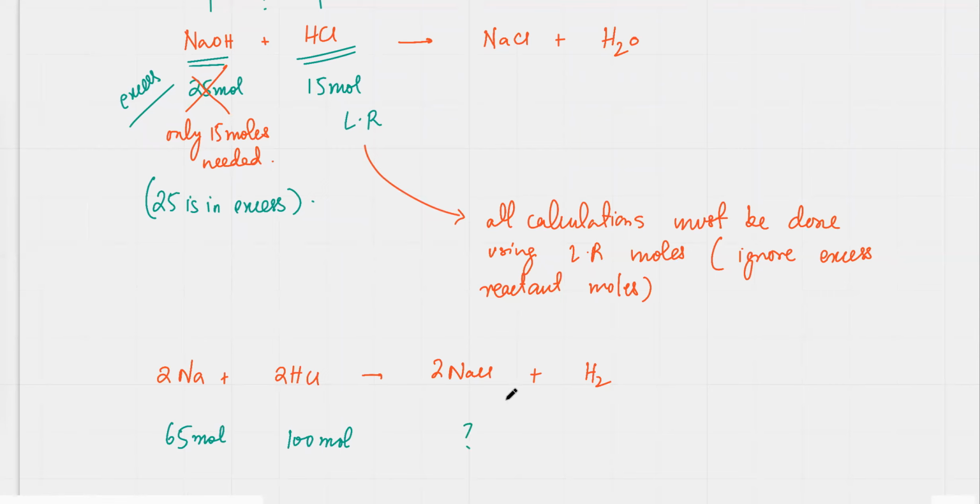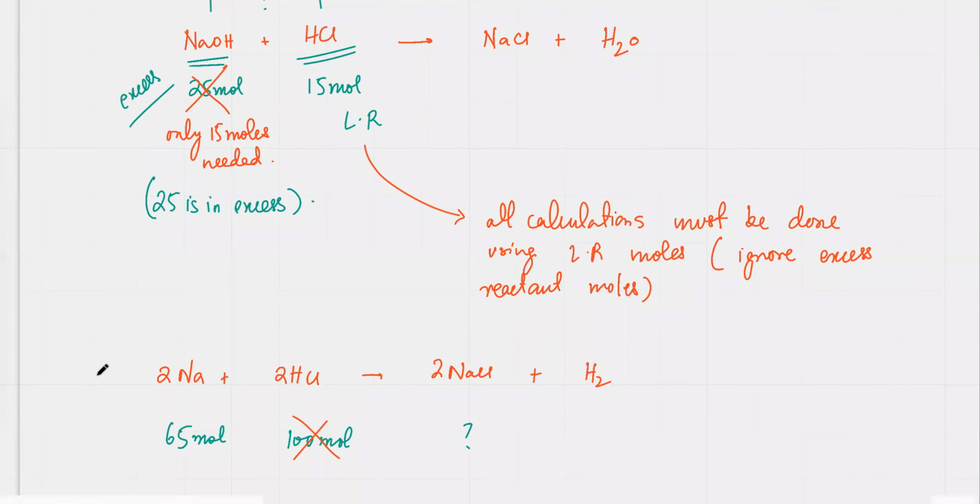So can you tell me how many moles of NaCl are produced? Whose moles am I going to ignore? 65 moles of NaCl. Okay, so I'm going to ignore these 100 moles because that's in excess.